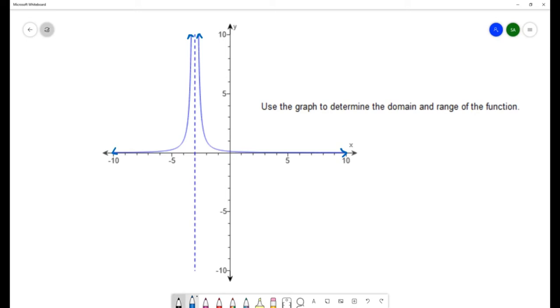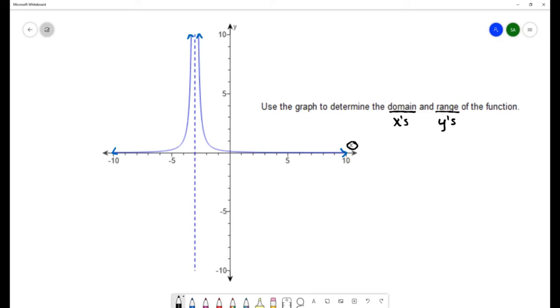So we want to find the domain and the range. Now the definition of the domain is that it's going to be the set of all the x's, all the first coordinates, and the range is the set of all y's or second coordinates of the graph. Our x scale is the horizontal scale.